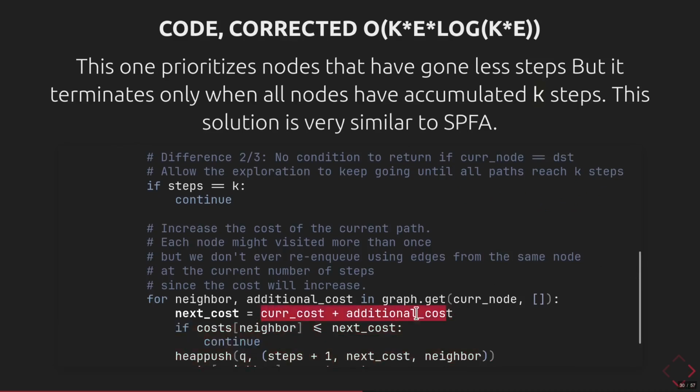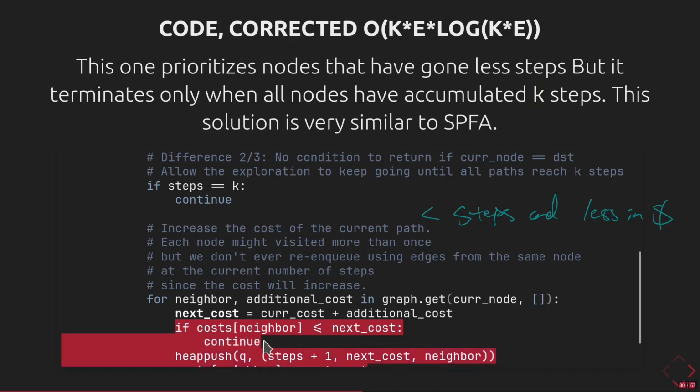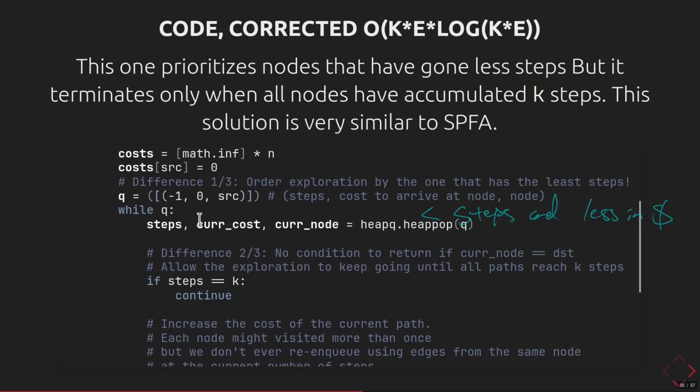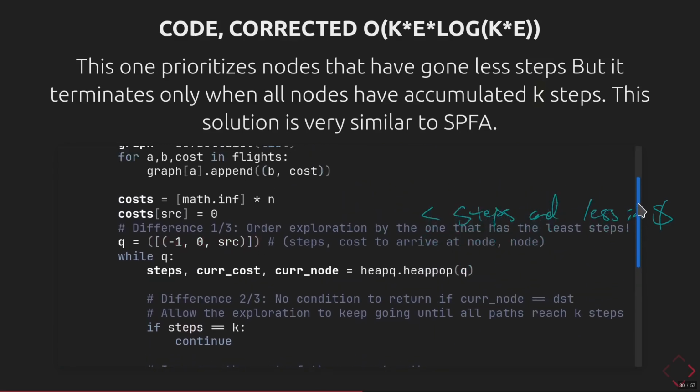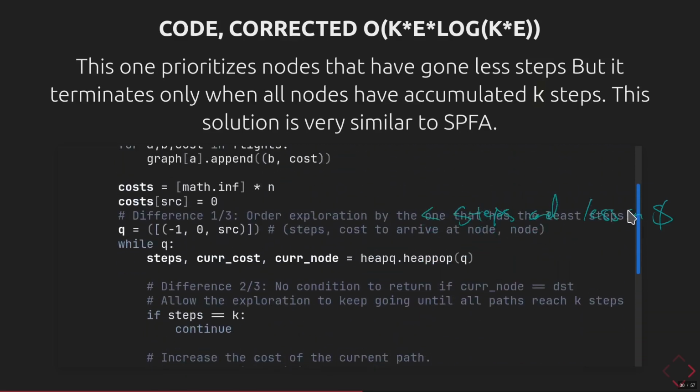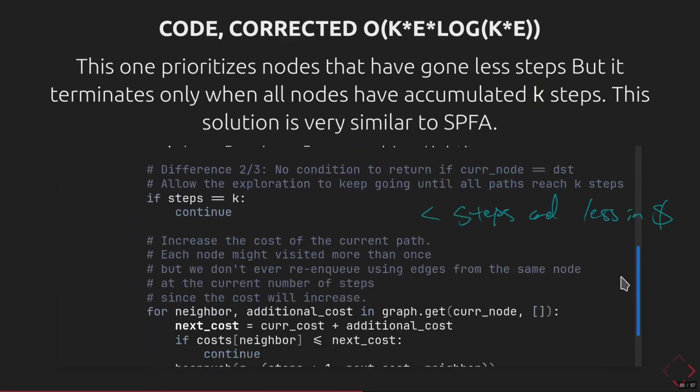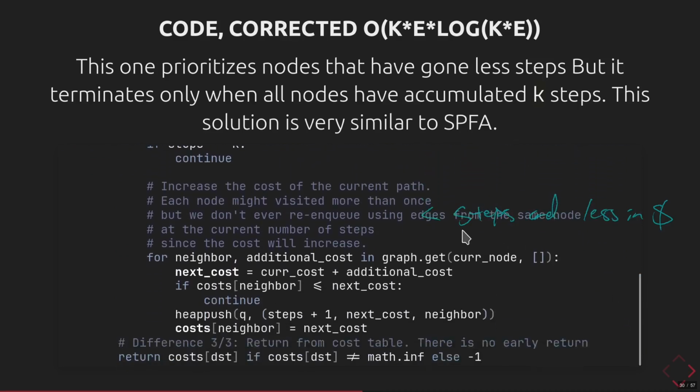If we've already done that, we've already considered a possibility that is both less in steps and less in cost, okay? Less in steps and less in costs. So that's why this pruning ends up meaning something a little bit different because of the way we've switched the positions in the priority queue, okay? It's a pretty subtle thing. And hopefully you'll be able to compare this to SPFA, which is on that presentation that we did with decks and queues.